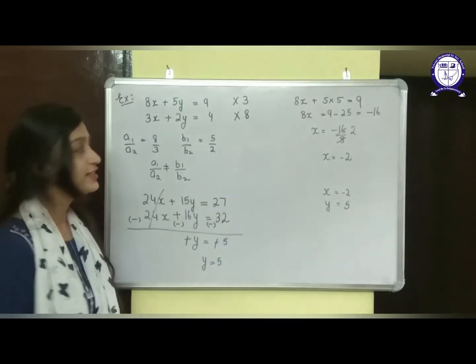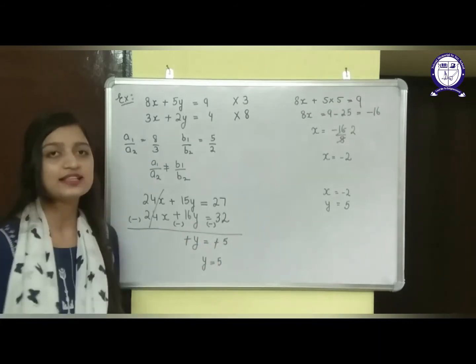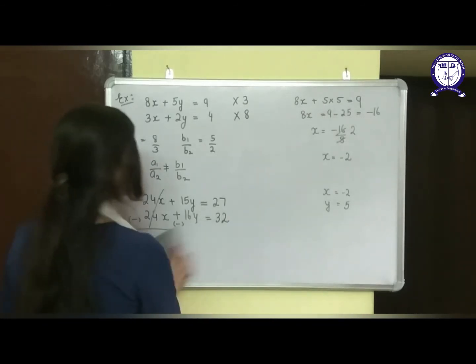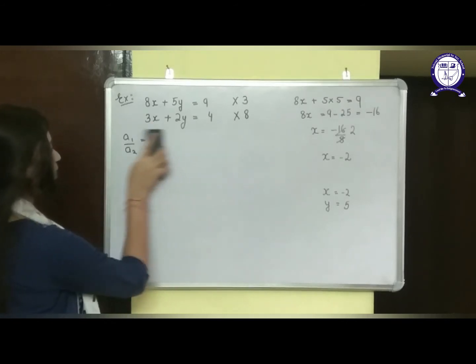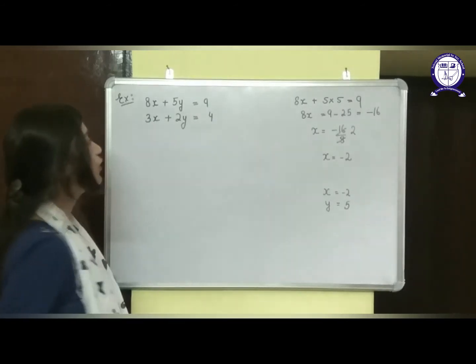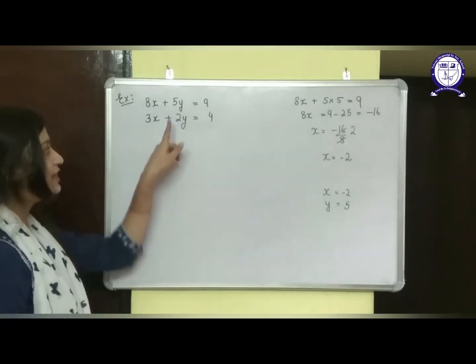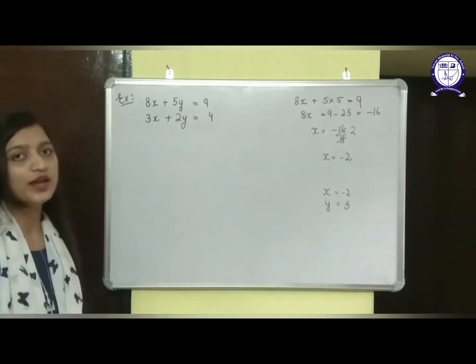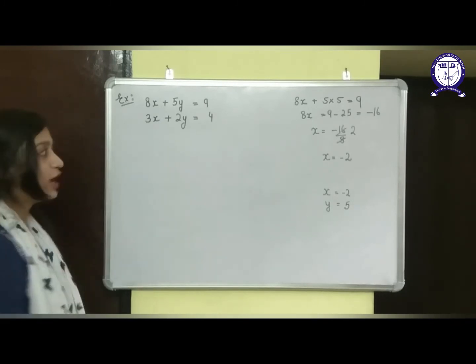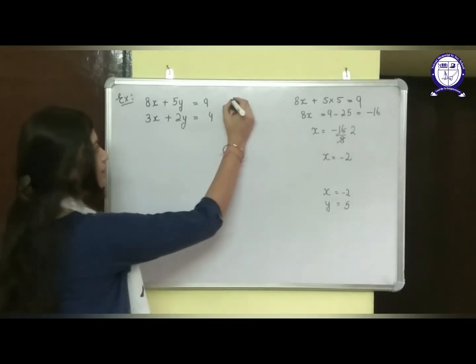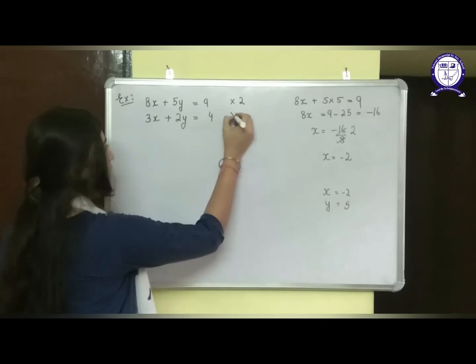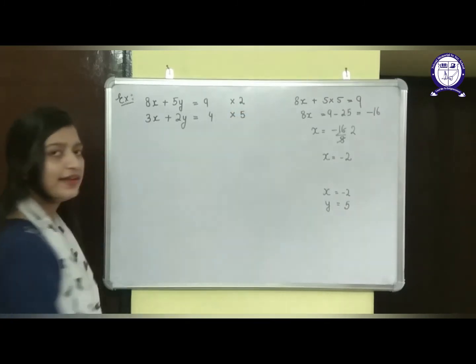Now suppose instead of eliminating x, I was eliminating y. I am eliminating y, so I will take the LCM of their coefficients. 2 and 5, LCM is 10. So I am making the 5 into 10 by multiplying it by 2, and the 2 into 10 by multiplying by 5.